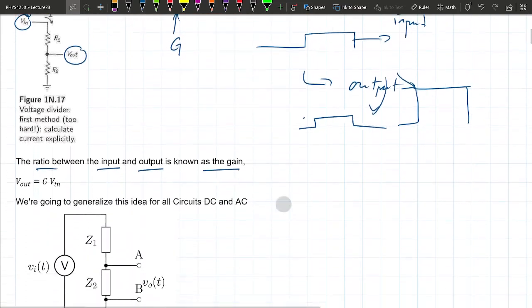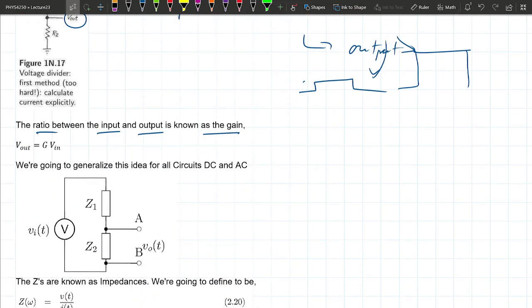You can see how this will be useful. Basically, all your volume knobs, whenever you click on volume on your phone, or the brightness on your screen, the dimmer on lights, what you're adjusting is actually the gain, because you're supplying the same voltage to the input, but it's giving the light a slightly different output in order to dim the light, make the volume lower, make your screen brighter and stuff like that.